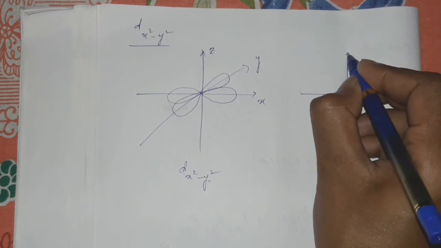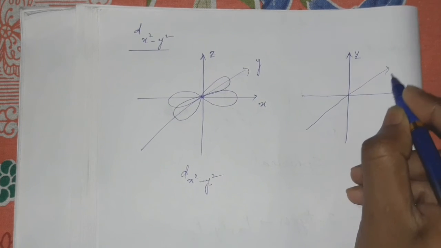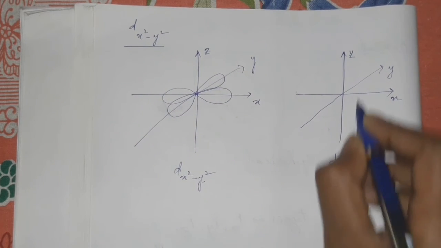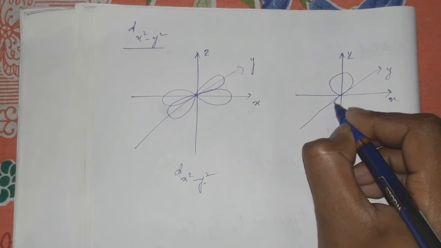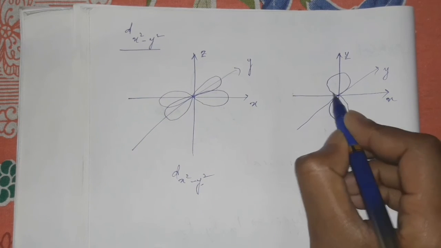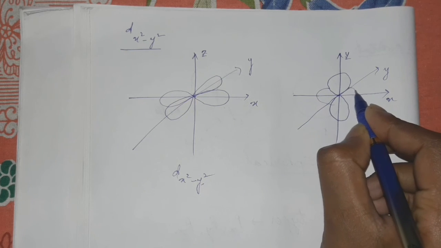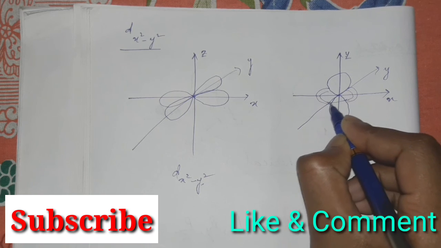This is the x, z axis, y axis. So this is dz square. It will look like this, and here you will get another portion which will look like this area.